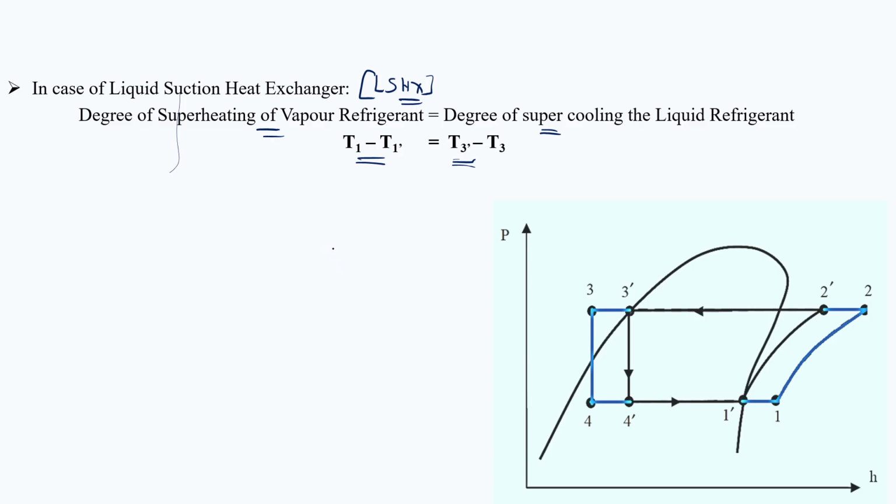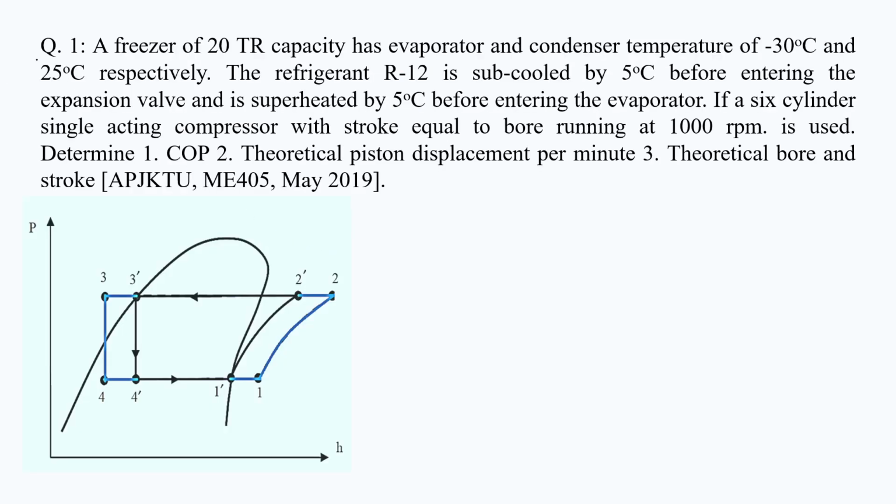Okay. Now coming to our question, it is given as a freezer of 20 tons of refrigeration capacity, which has an evaporator and condenser temperature of minus 30 and 25 degrees Celsius respectively. The refrigerant R12 is subcooled by 5 degrees Celsius before entering the expansion valve, and it is also superheated by 5 degrees Celsius before entering the compressor.